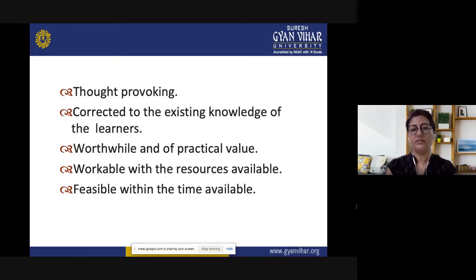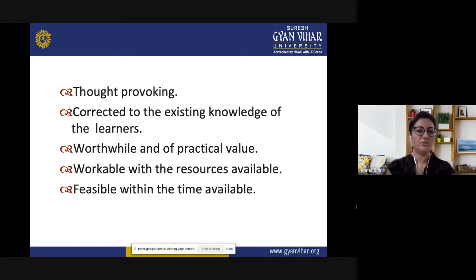At the end, the students must learn whatever they have perceived: what is the solution to this problem, what is the reason for this problem, what kind of solutions are better for this problem, and why this problem has happened. All these practical values and practical questions should come to their mind. It should be workable with the resources available.